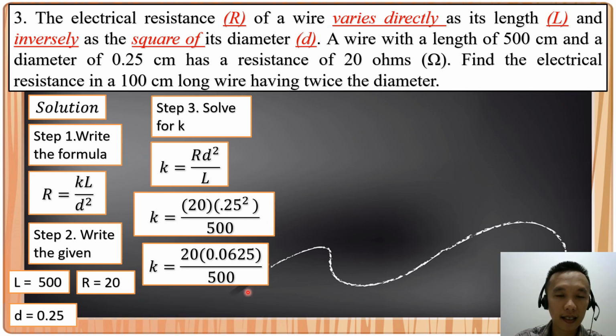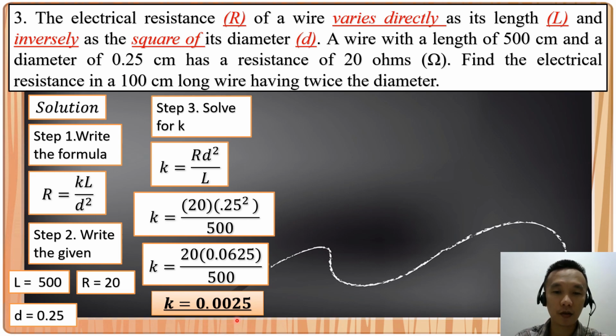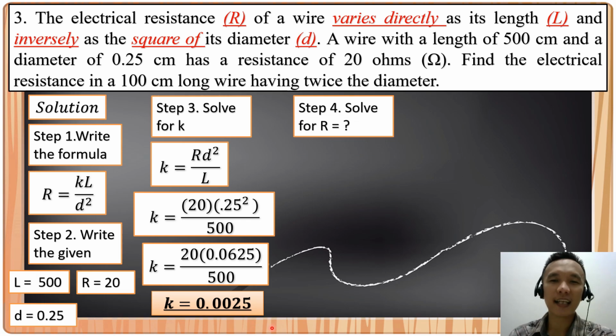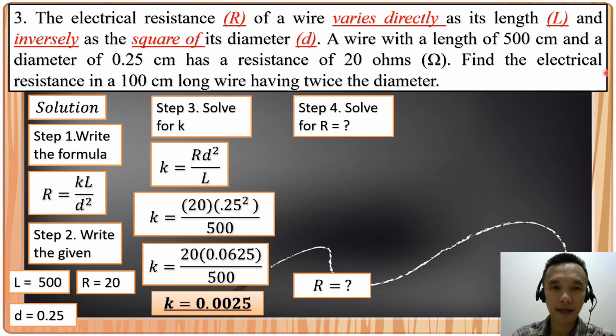Using your calculator, 0.25 times 0.25 will be equal to 0.0625. Then multiply it by 20. After that, the answer will be divided by 500. So you will have 0.0025.